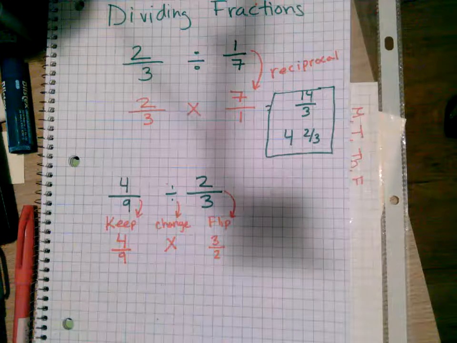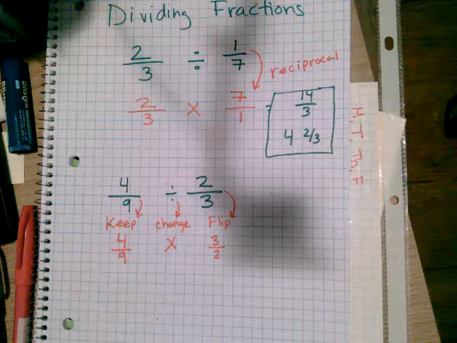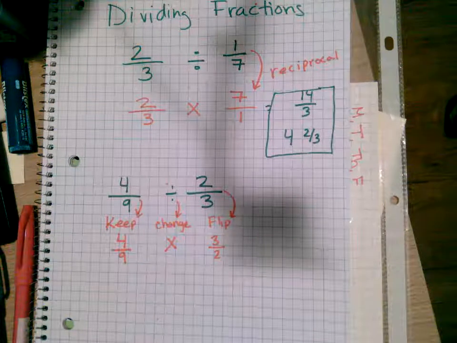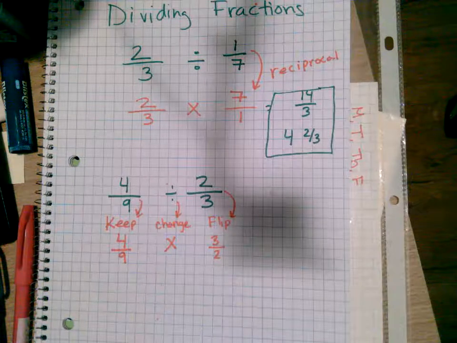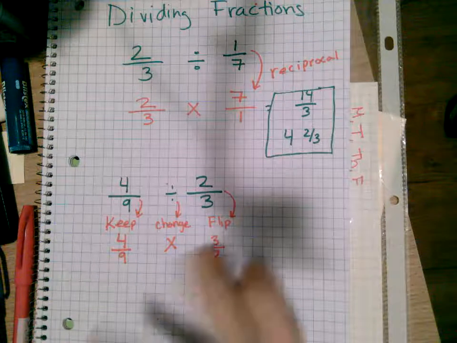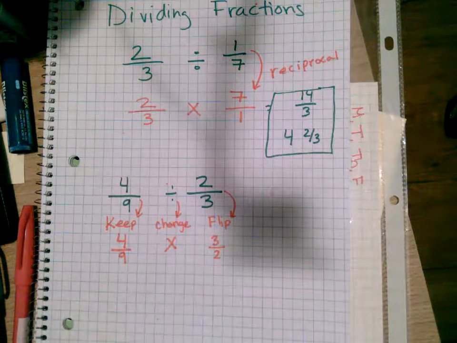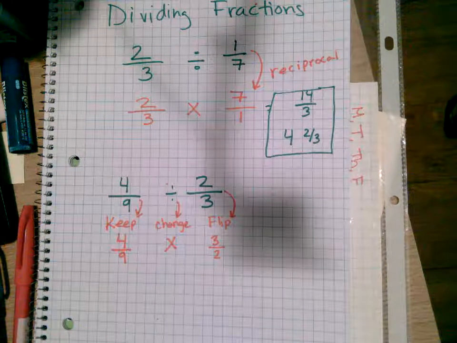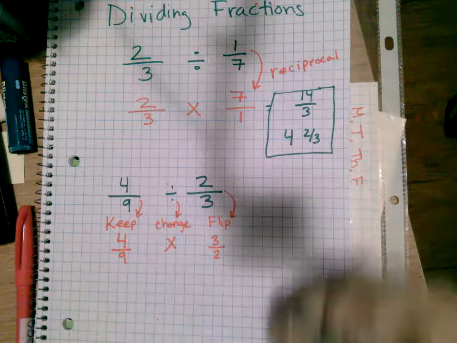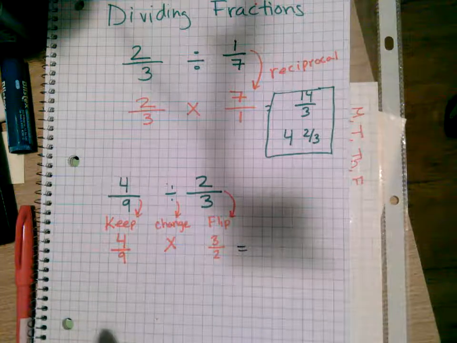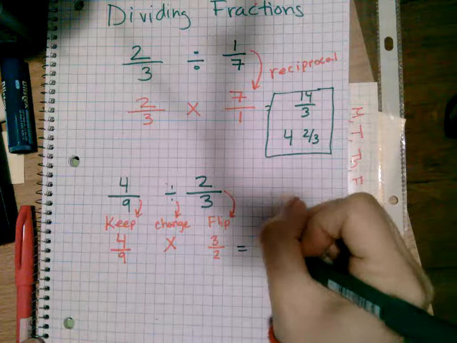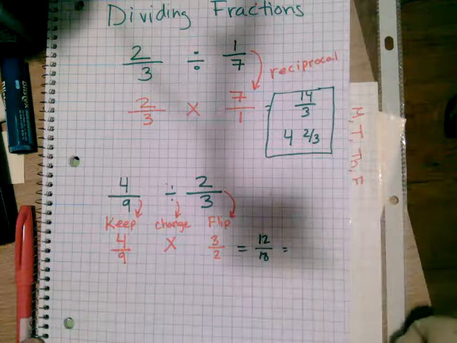Kind of like when we were subtracting, you would keep the first number, change to addition, and then do the opposite of the last number. So very similar. Now this one, if you multiply straight across, you get 12 over 18, which you have to simplify.